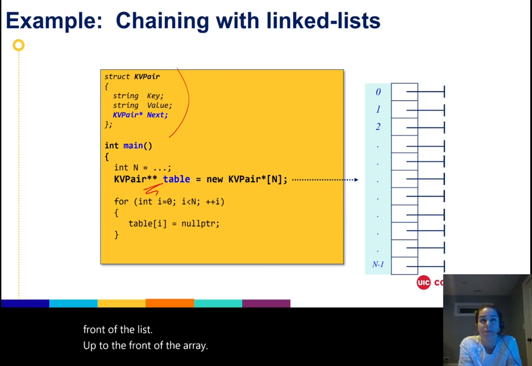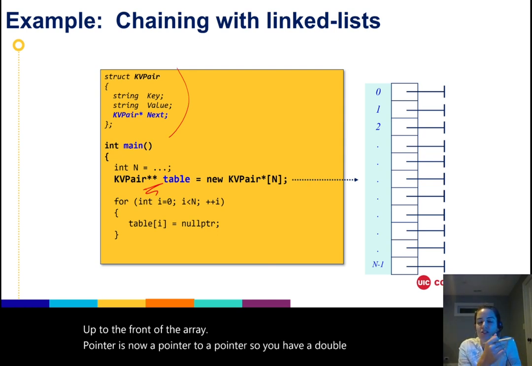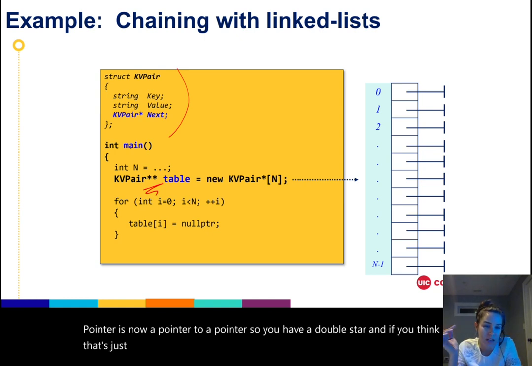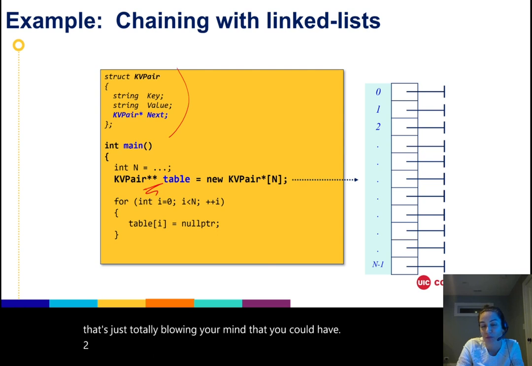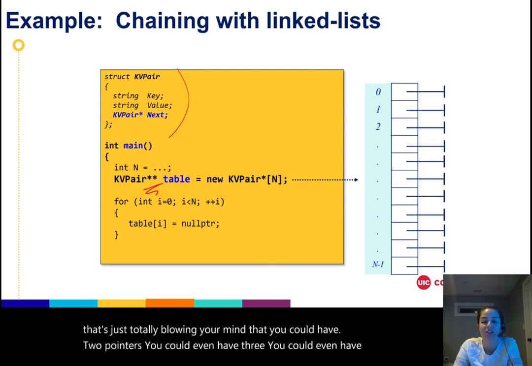That pointer is now a pointer to a pointer, so you have a double star. And if you think that's just totally blowing your mind that you could have 2 pointers, you could even have 3. You could even have 4. So it just means that it's a pointer pointing to a pointer.